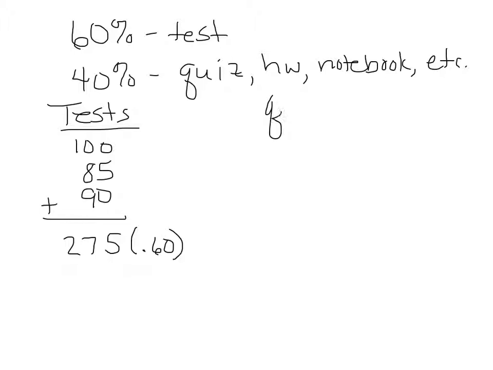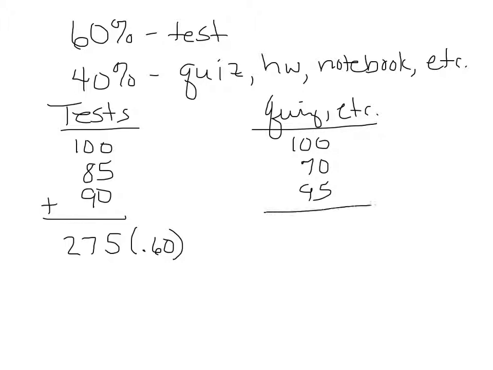Let's say now all of my quizzes, etc., were 100, 70, and 95. That's 265. And then I would multiply by 0.4 because those are only worth 40%.